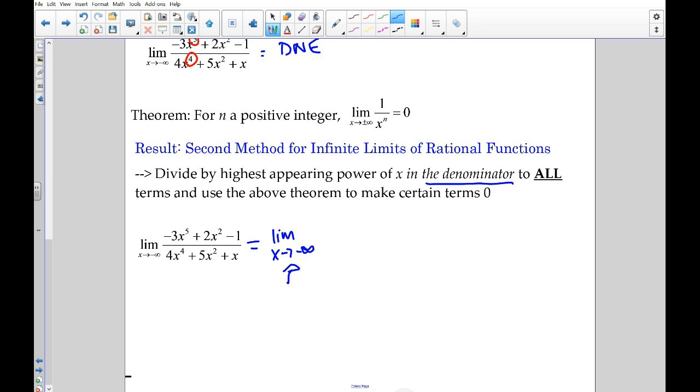Getting back to the problem at hand, I need to divide by the highest power of x in the denominator, so I'm going to divide by x to the 4th.